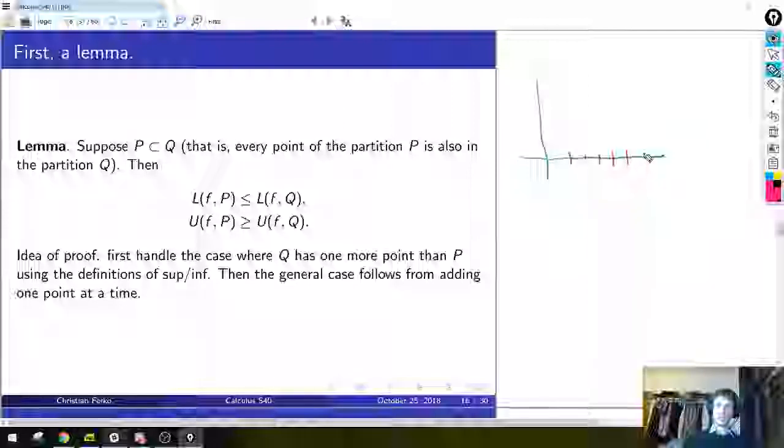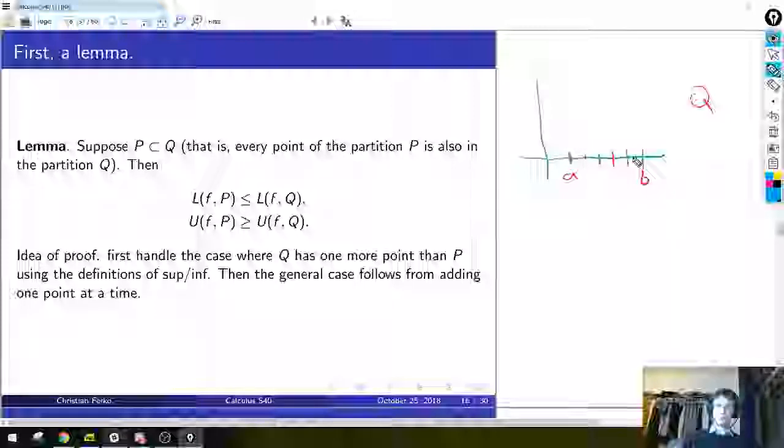Why do I say refinement? Because if the pink tick marks are Q and the blue tick marks are P, so I'm just going to take every other one and then maybe take the B at the end.